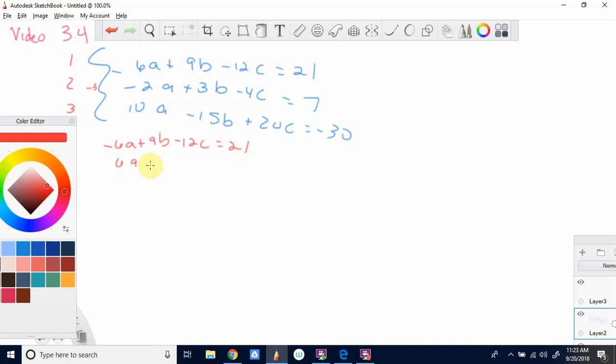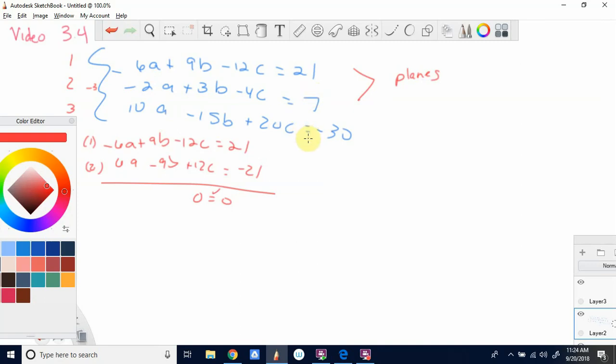Then I'm going to have 6a minus 9b plus 12c equals negative 21. When I do this, I get 0 equals 0. That's a true statement. So since I used equations 1 and 2, these two are the same plane, so they have infinite solutions.